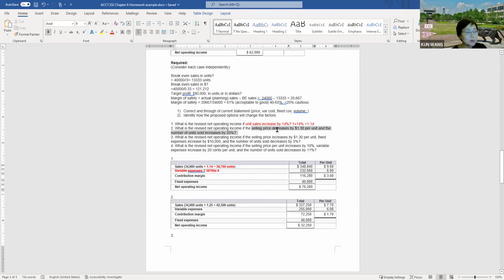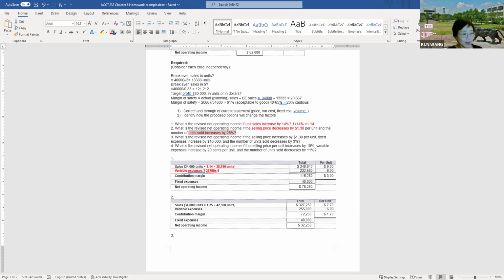We have a sales price decrease. You have adjusted the price down per unit. In the meantime, we are expecting the units sold to increase by 25%. So what type of strategy? Lower price, higher volume. So we are looking for a sales volume boost if we can afford to decrease the price a little bit.